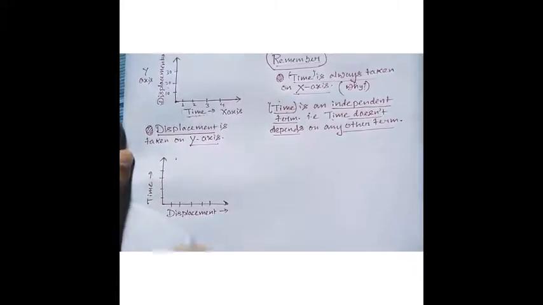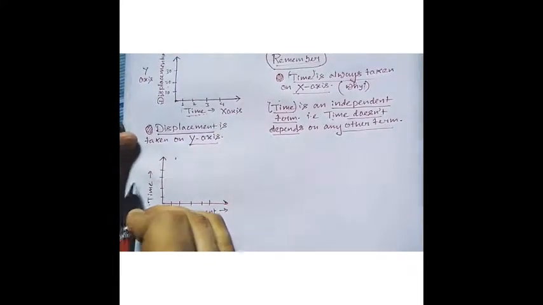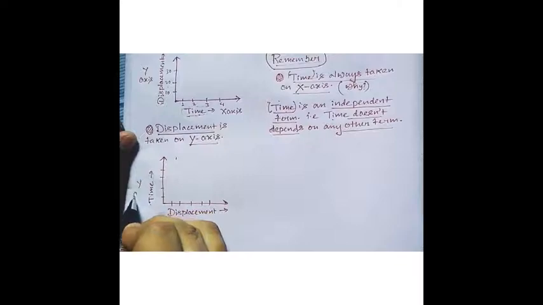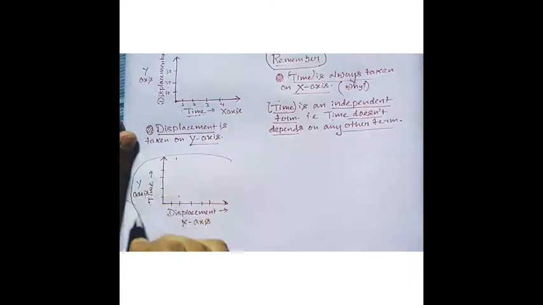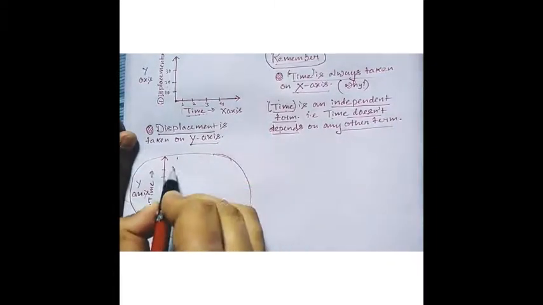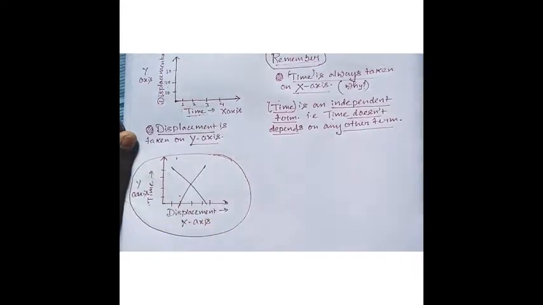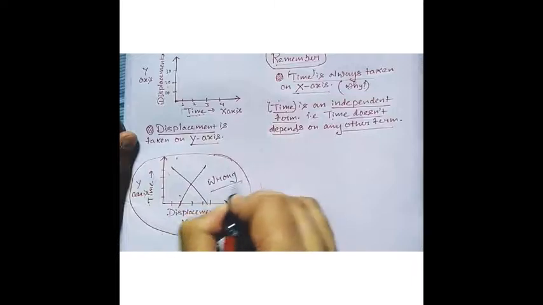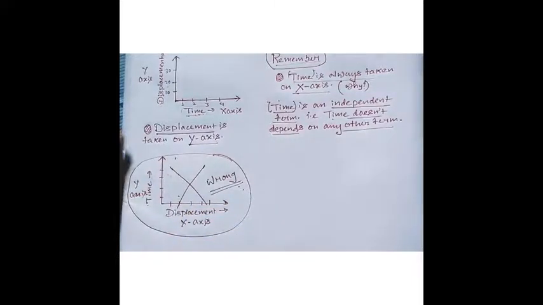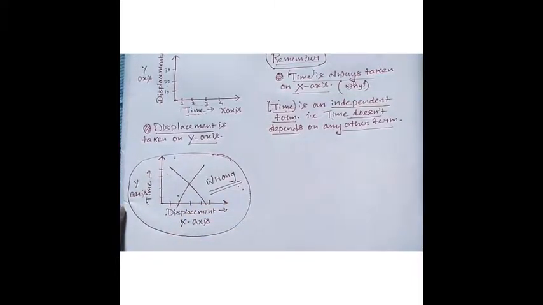And look, I draw another graph where time is taken on the y-axis and displacement is taken on the x-axis. If you draw the displacement time graph this way, it is absolutely wrong. This is the wrong representation of the displacement time graph.